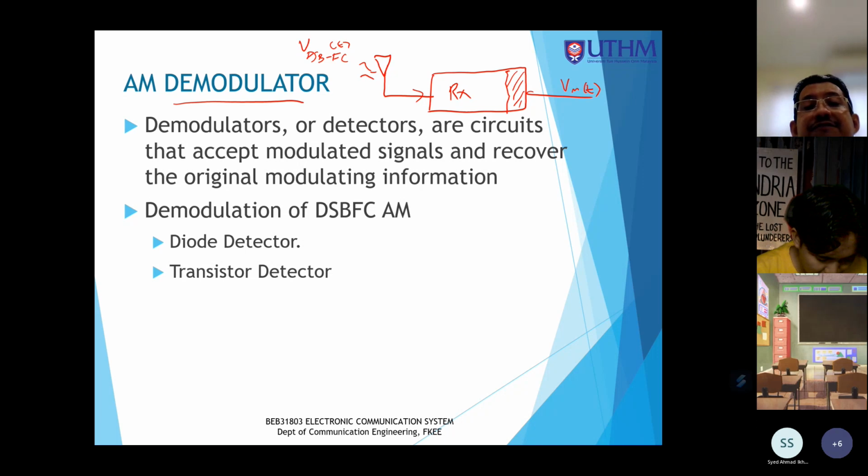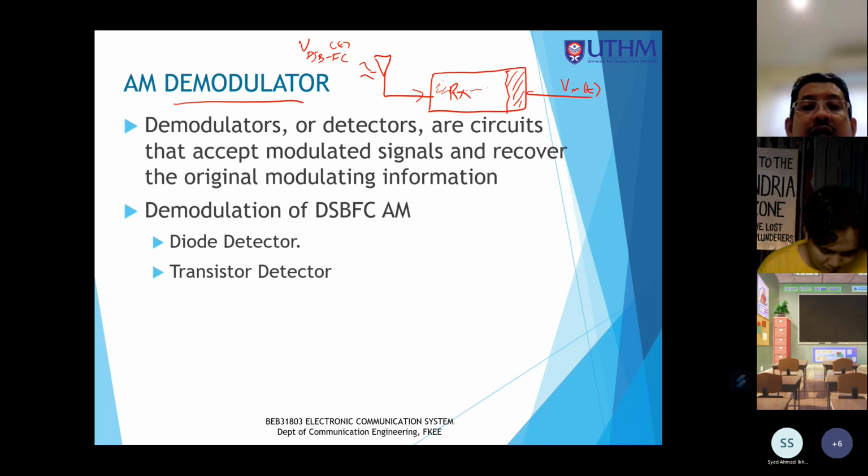Tetapi dalam receiver, demodulator berada pada bahagian yang akhir kerana ada banyak proses sebelum kita hantar kepada demodulator. Okay, so demodulator wants to produce the original signal VMT.